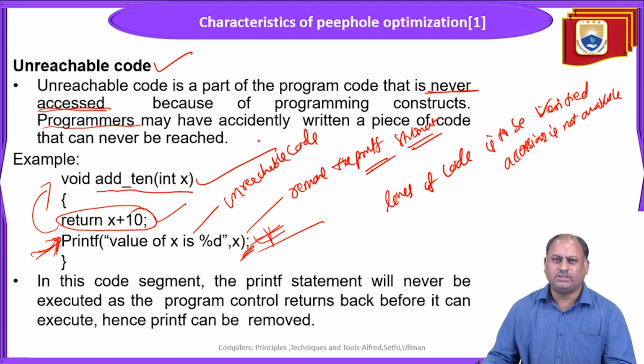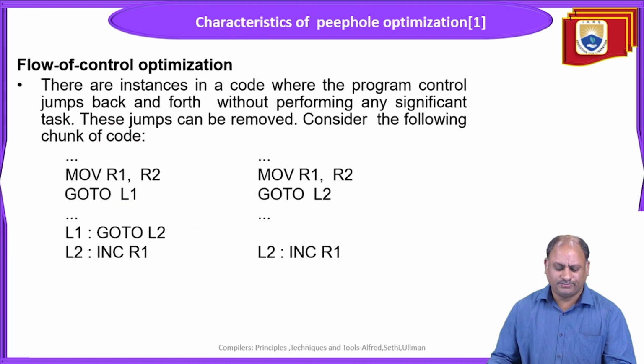That means the statements are available, but control doesn't come to this place, and it never executes, and it simply stays stored, and this takes place a lot of the time. So that is the point to be verified.